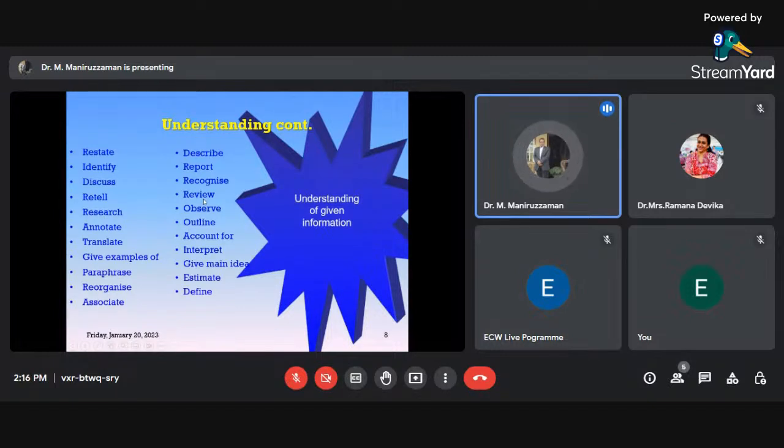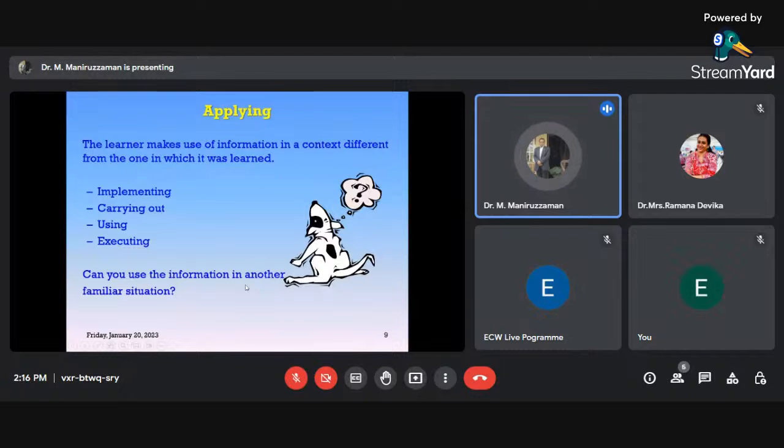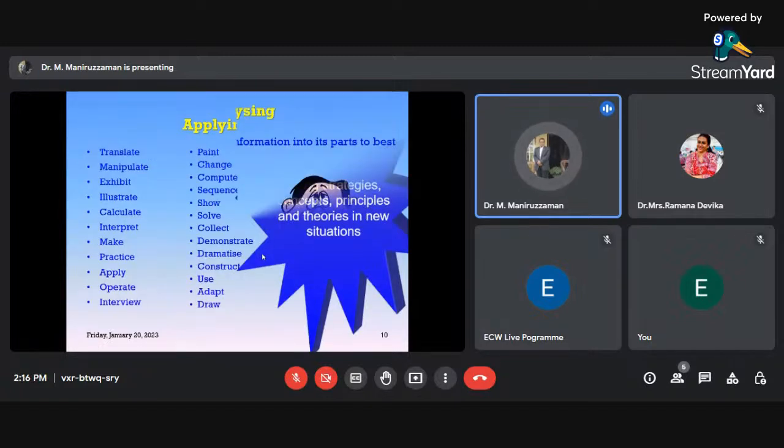And then the third level of learning is in harmony with the question, can you use the information in another familiar situation? It has a list of action verbs, and here you see it on the slide. The fourth level of learning, analyzing, is consistent with the question, can you break information into parts to explore understandings and relationships?